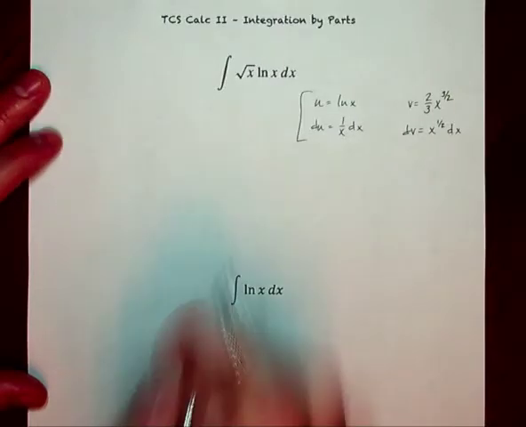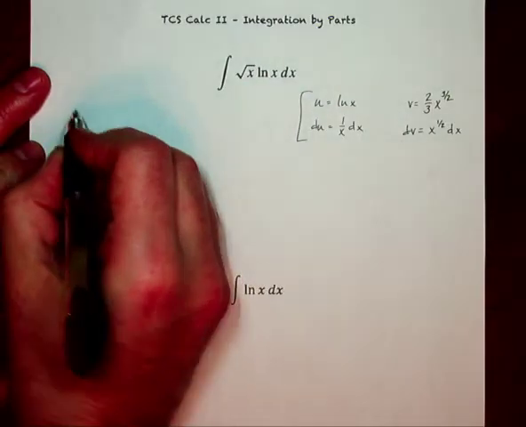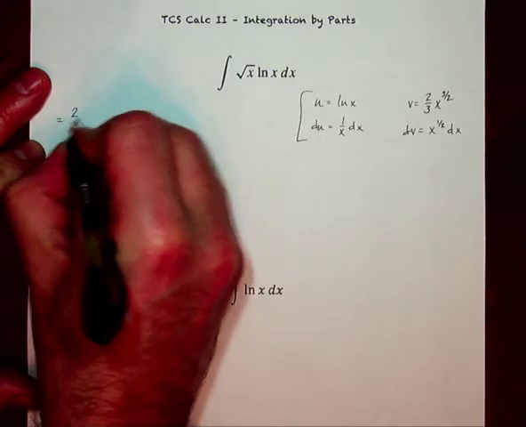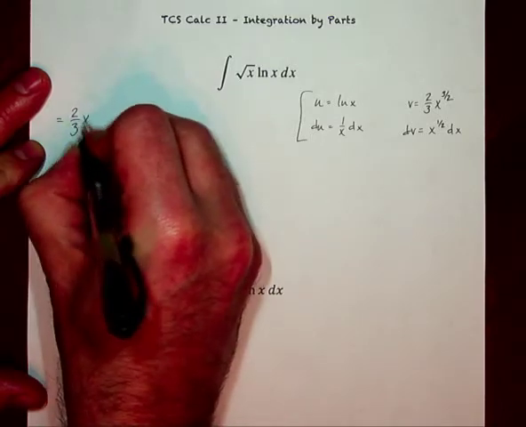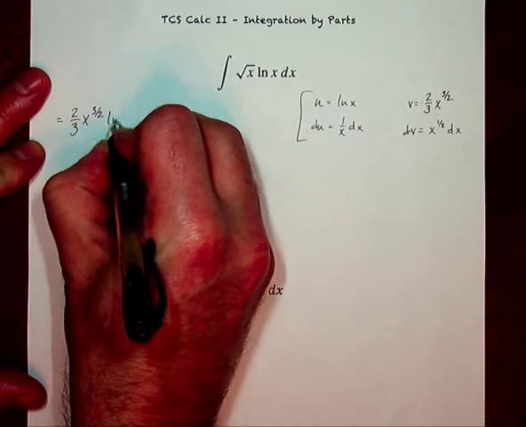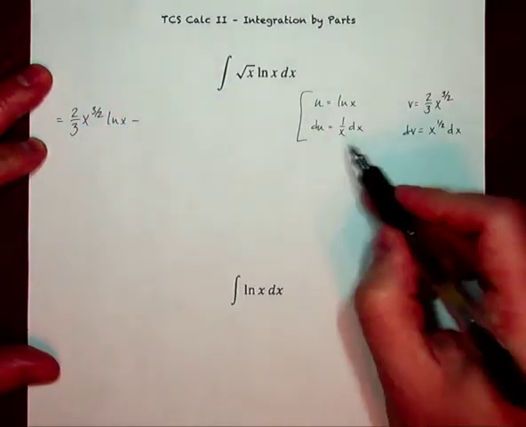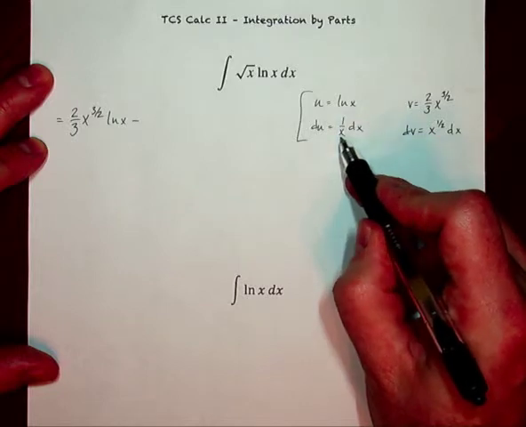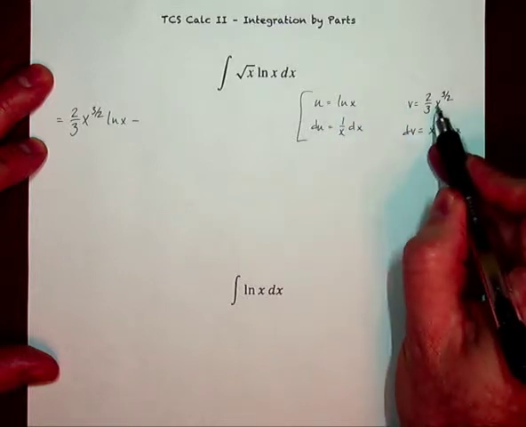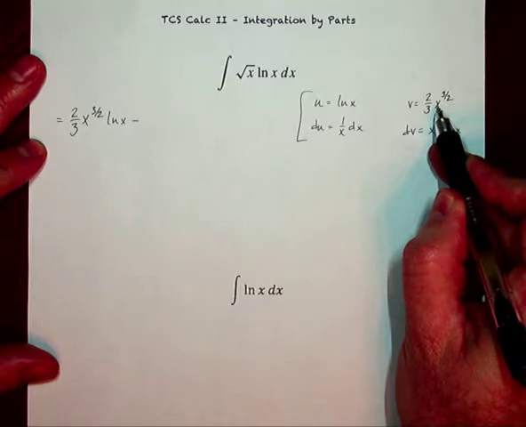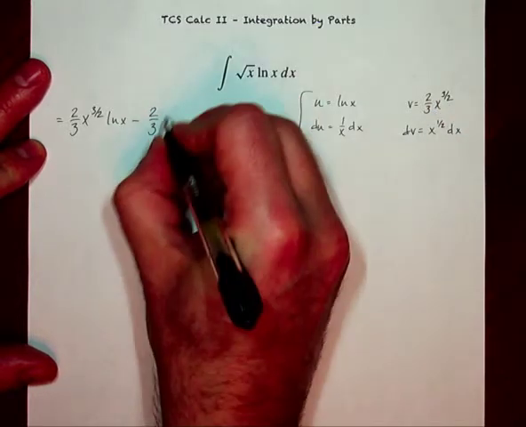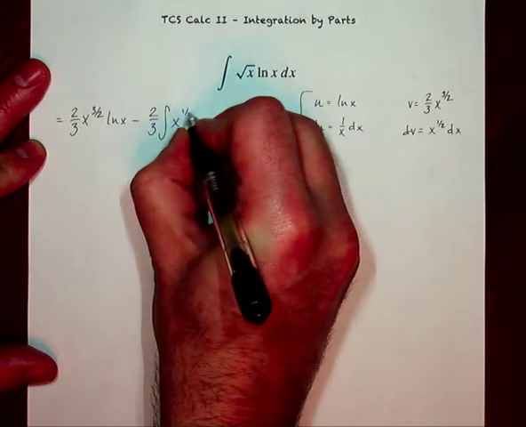Okay, well, if that's the case, then my uv is 2/3 x to the 3/2 natural log x, and then my v du is here. Well, this is x to the -1. This is x to the 3/2, which basically reduces to x to the 1/2. And so I'm left with 2/3 integral x to the 1/2 dx.